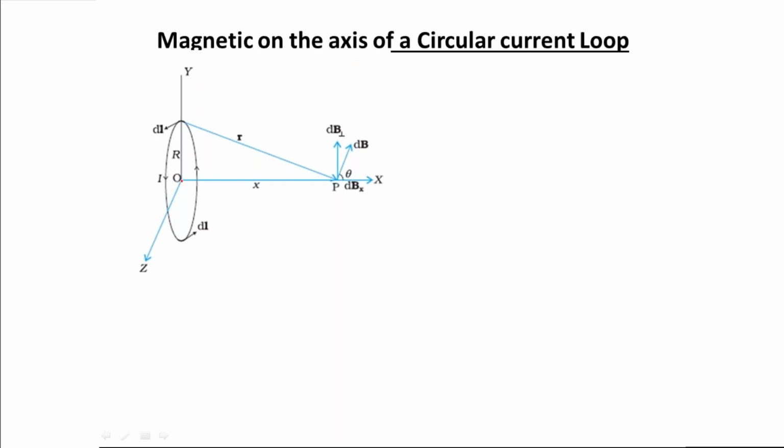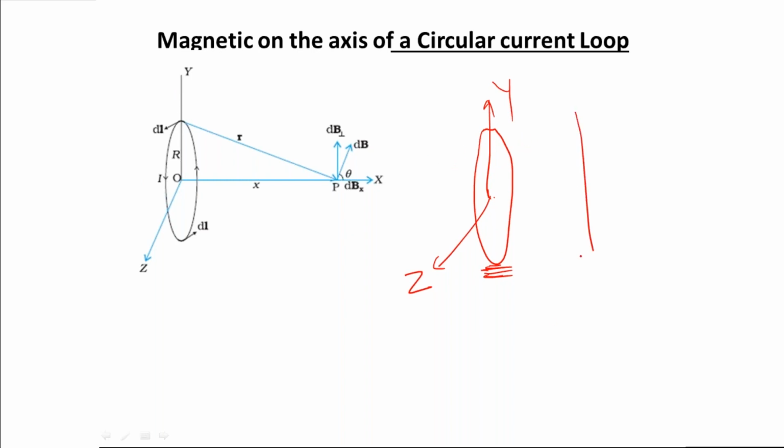Look here, we have to calculate the magnetic field on the axis of this circular loop. I have kept this circular loop in the YZ plane. If you look carefully, this is Y and this is Z, so it is standing on the YZ plane vertically.